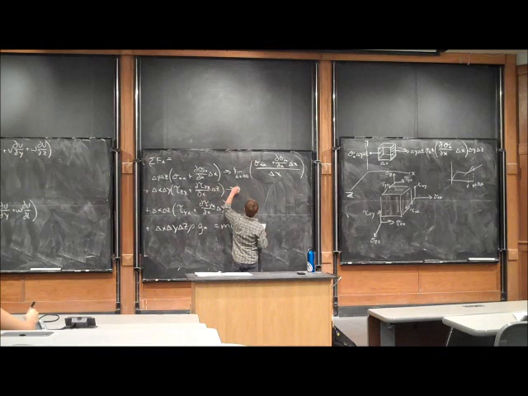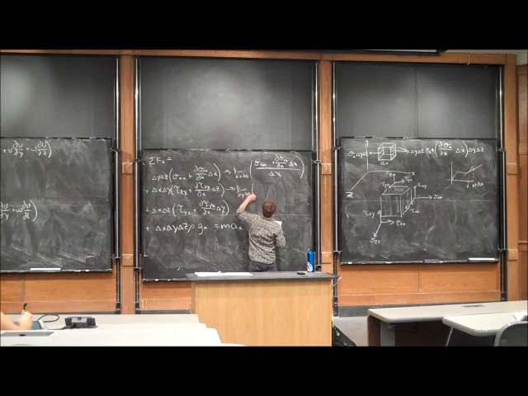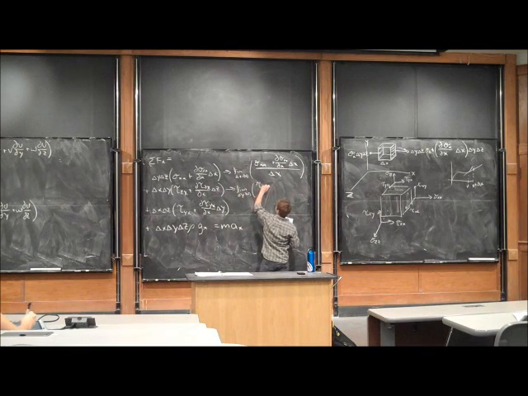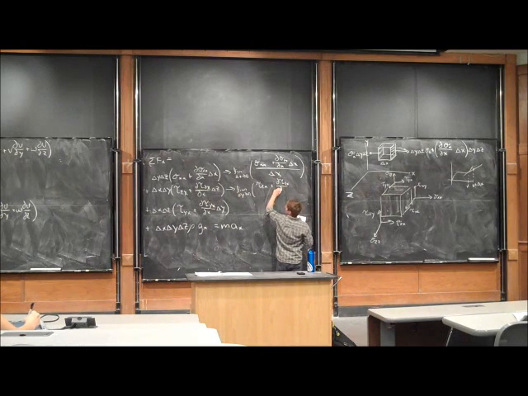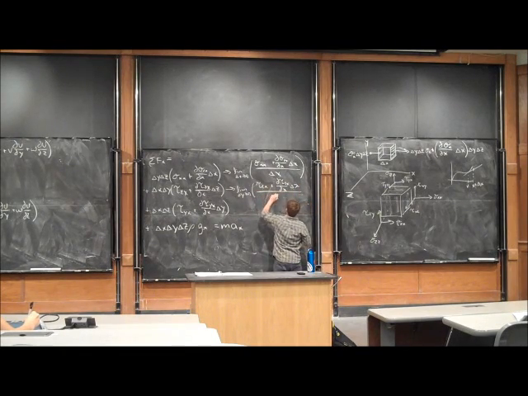I get the limit as delta y goes to 0 of sigma, or using tau zx plus del tau zx del x times my delta z here, all over delta z.